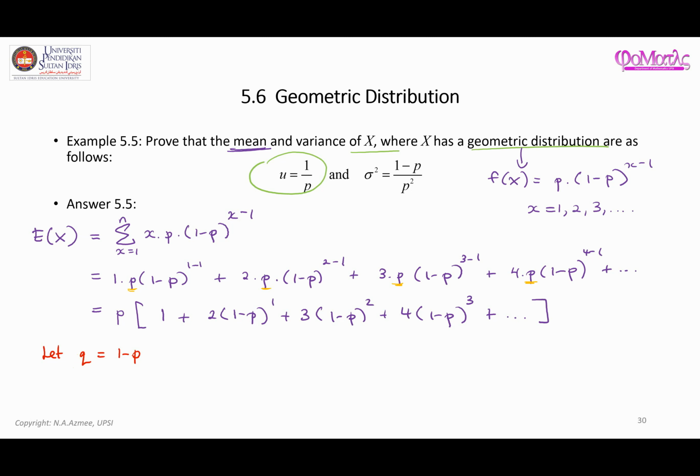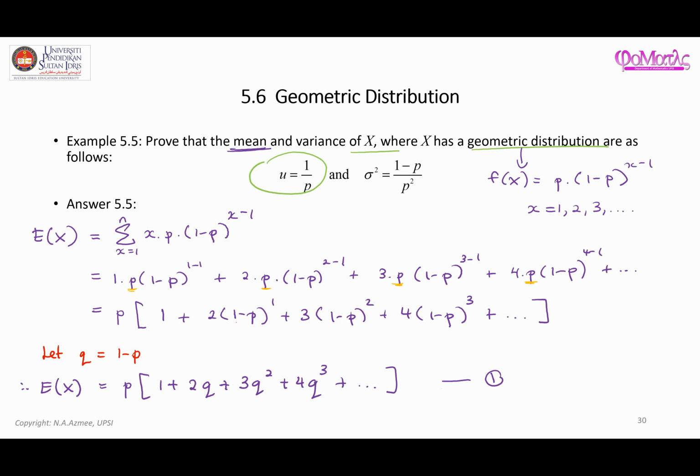Okay, we just have one alphabet instead of dealing with 1 minus p. Therefore, we have the expected value of x equal to p(1 plus 2q plus 3q squared plus 4q cubed plus dot dot dot). And I'm just going to call this equation 1.